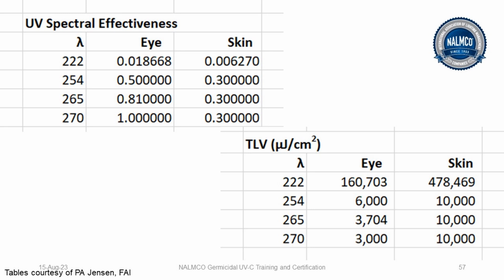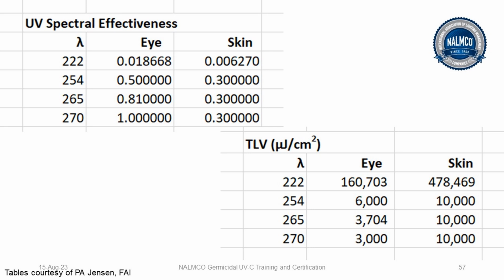Dave Slaney talked about spectral effectiveness. And when we take a look at, we'll just use 254 because that's what I was talking about initially. I used a factor of 2. So what does that mean? 2 is actually 1 over 0.5.